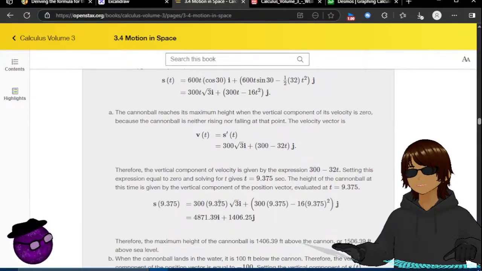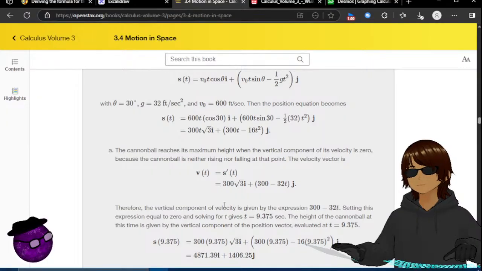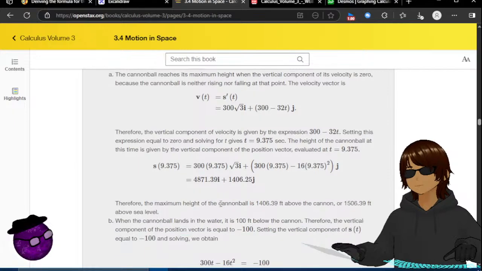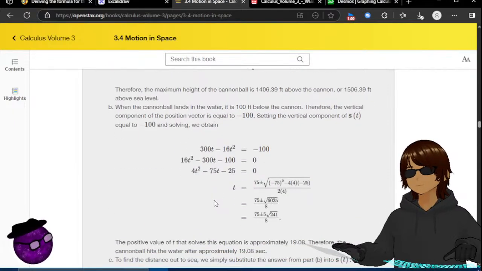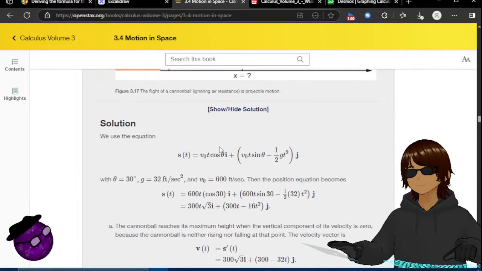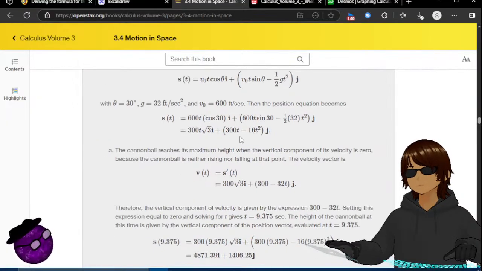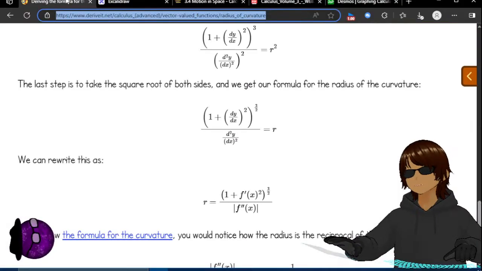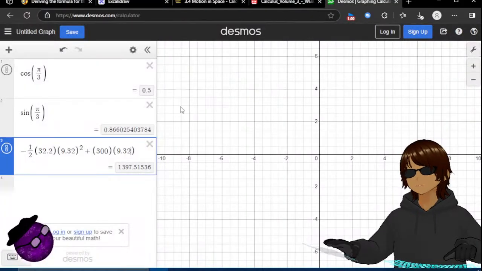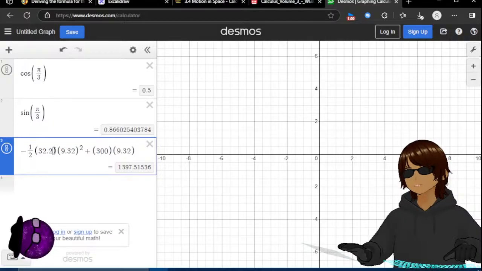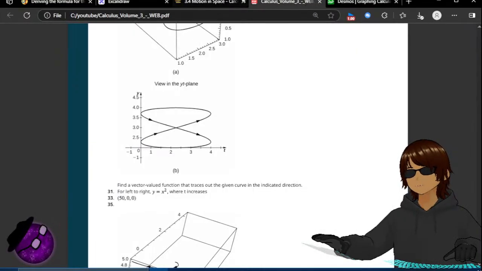They got 9.375. Yeah, I think they use 32 feet instead of 32.2. Yeah, now I'm getting this.